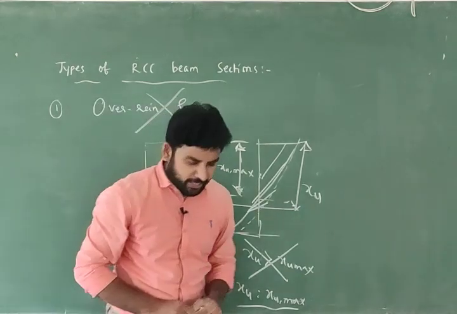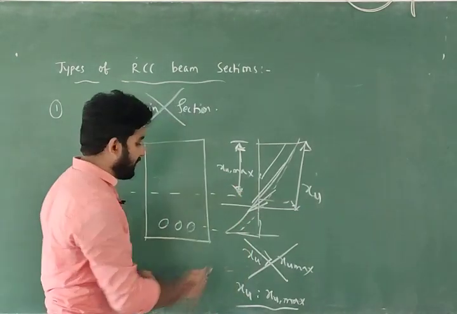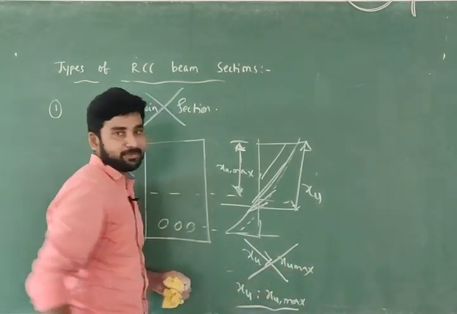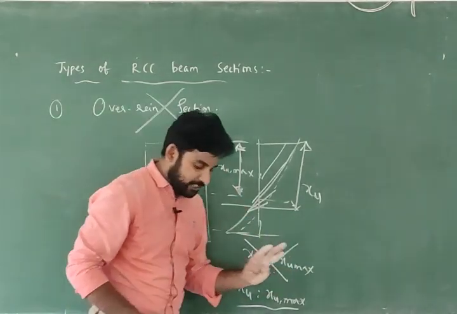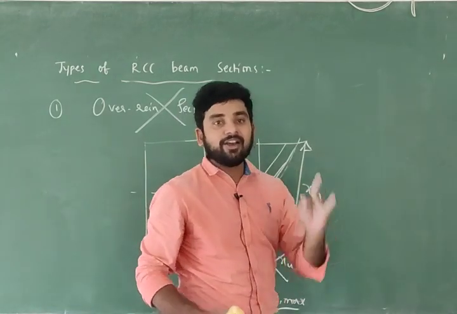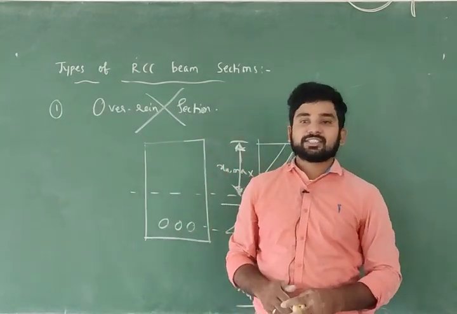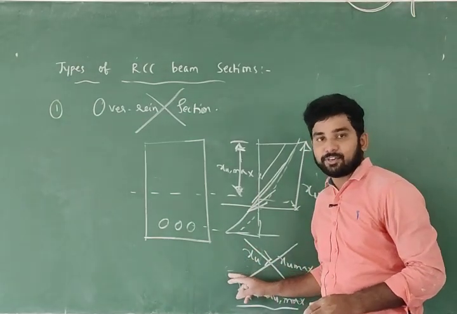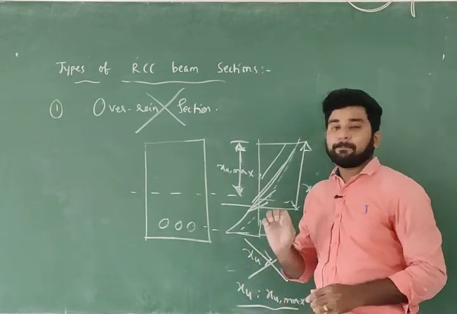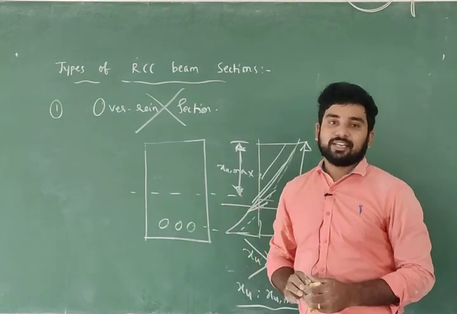So I think you might understand why we are determining XU and XU maximum. To know whether it is an under reinforced, balanced or over reinforced section, you should first know the depth of neutral axis as well as the maximum depth of neutral axis.